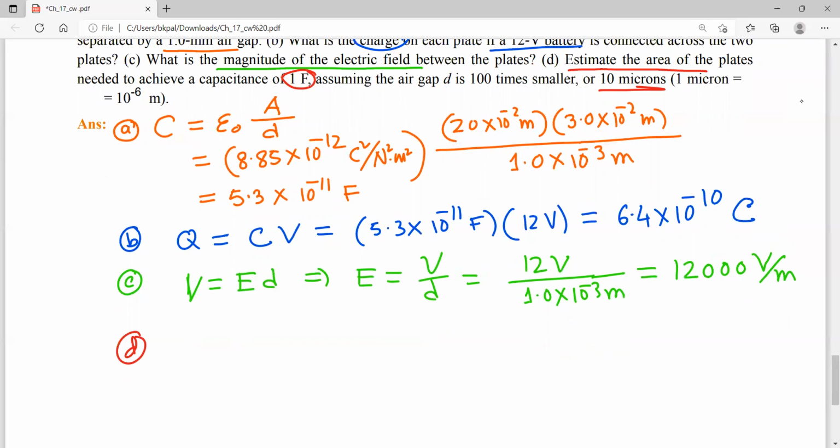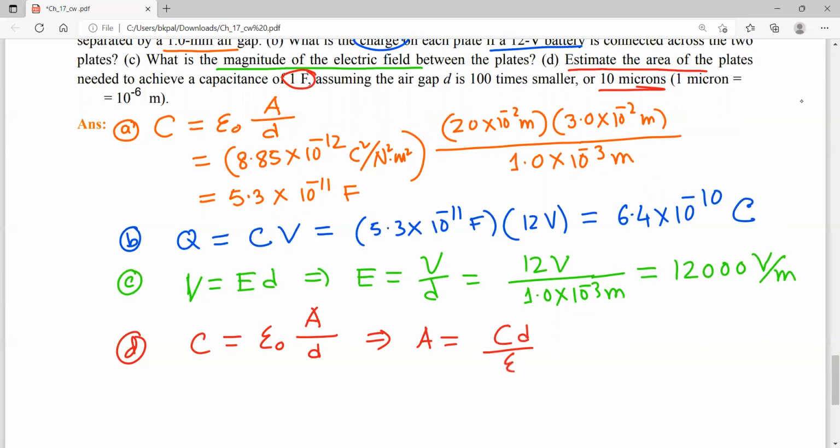If the separation is very small and we want the capacitance to be 1 farad, what is the area? Let's start from this equation and solve for A.